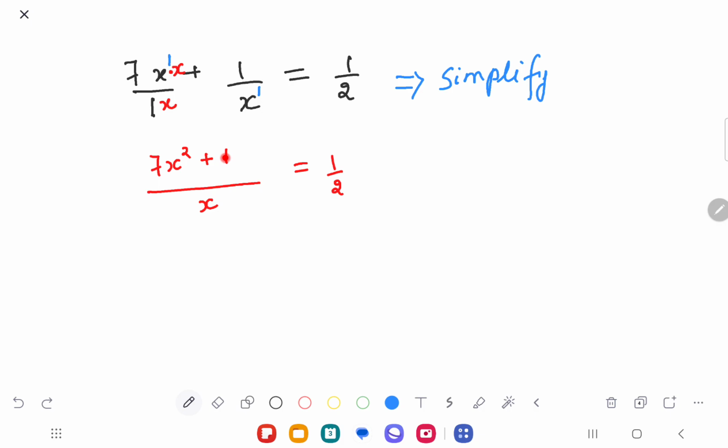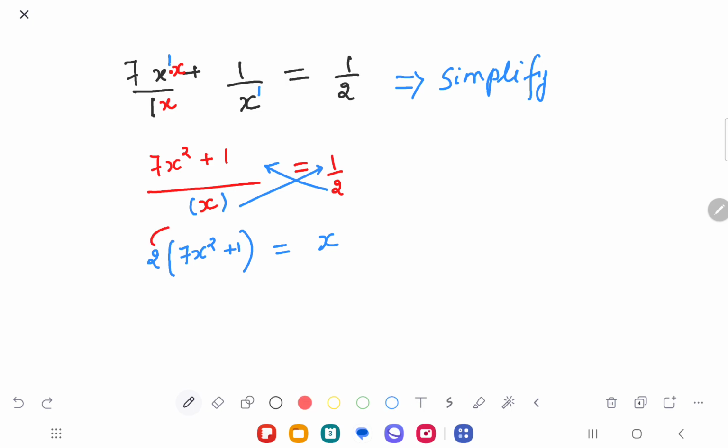Yes. Okay, now I do not need an x in the denominator. A big no to x in the denominator. So I will crisscross it now. x goes here because when two fractions are in equation, we crisscross them. So it becomes 2 times 7x square plus 1 shall be x.